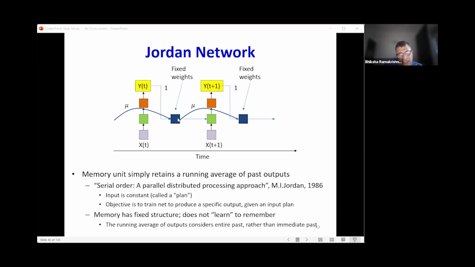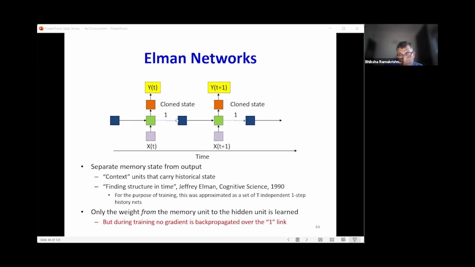Right. So what we wanted to do is to actually have a variable within the network that stored the memory. So that's what Jeffrey Elman came up with in 1990. He introduced something called a context state. All the context state did was to clone the hidden state from the previous time.